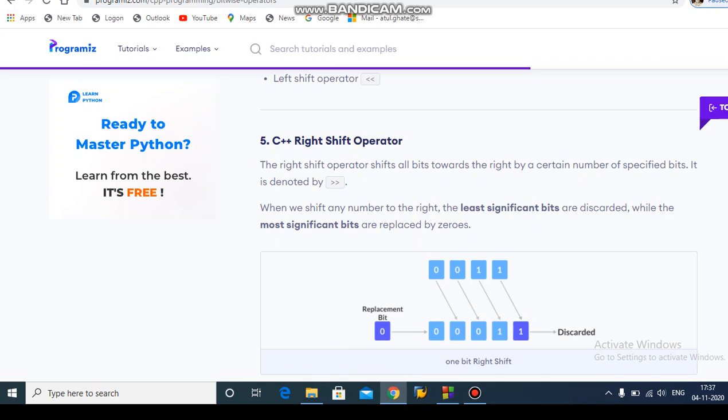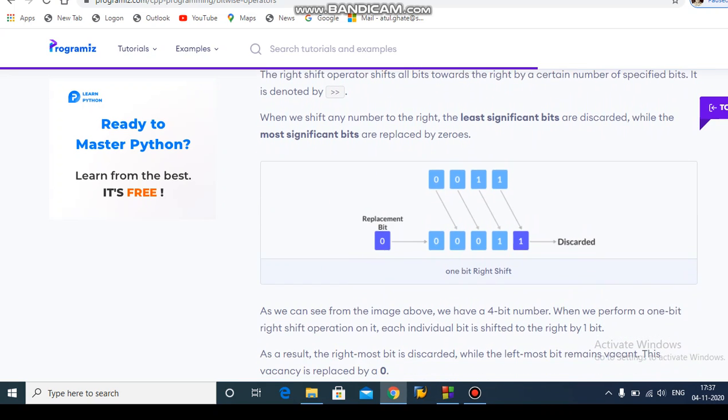It is denoted by the extraction operator. When we shift any number to the right, the least significant bits are discarded while the most significant bits are replaced by 0. Please write down the figure.